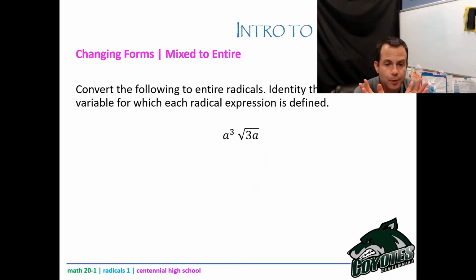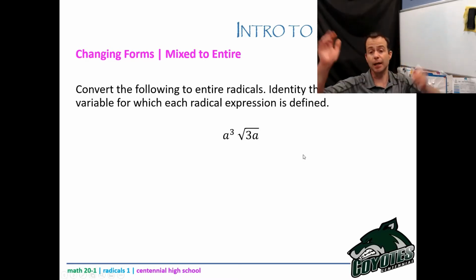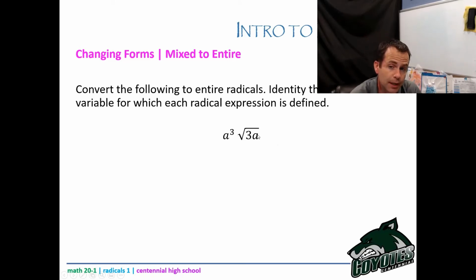Okay, but there's another conversation here. Anytime we have a variable, essentially when I write a variable, unless I'm told otherwise, that variable can be anything I want, right? That's the purpose of a variable, it can be whatever. When we have certain things in math, there are restrictions on what that variable actually can be. A actually can't be anything I want, because a can't be a negative number. If a was a negative number, take a look at here where I'm circling, I would end up with a negative radicand, and I can't take the square root of a negative number.